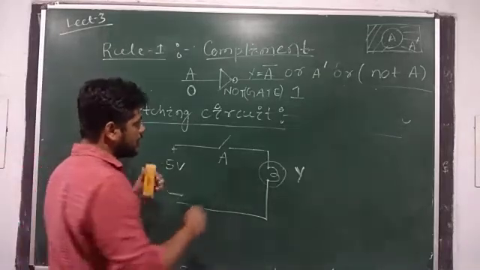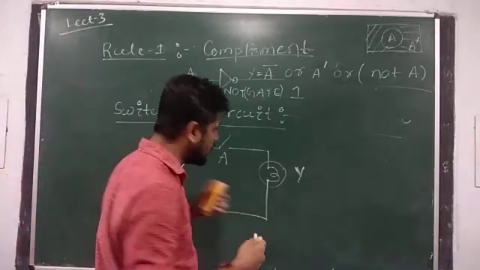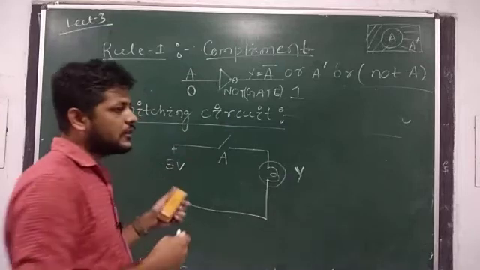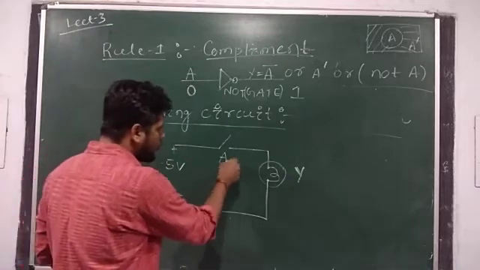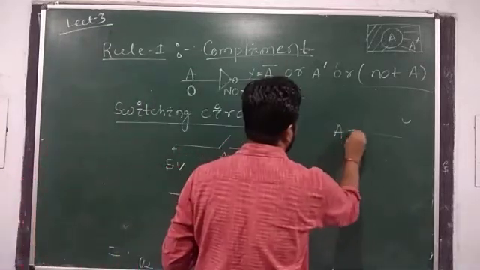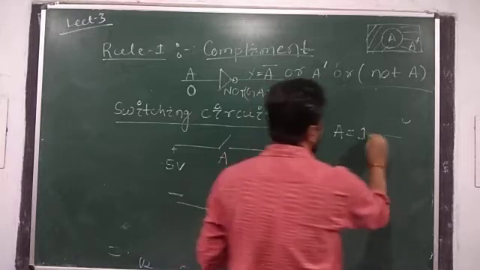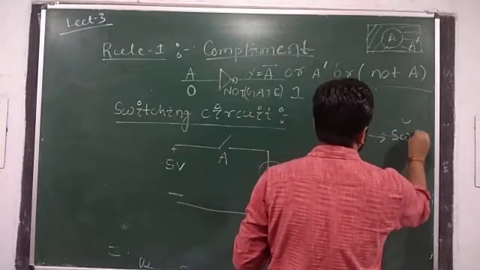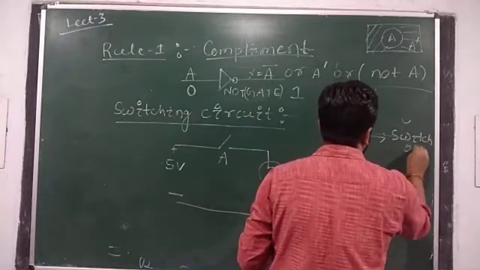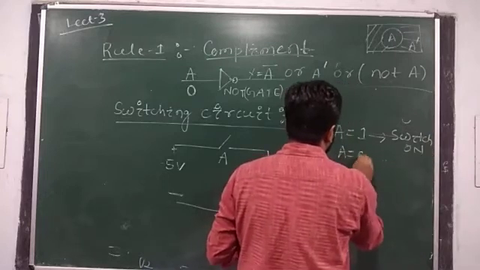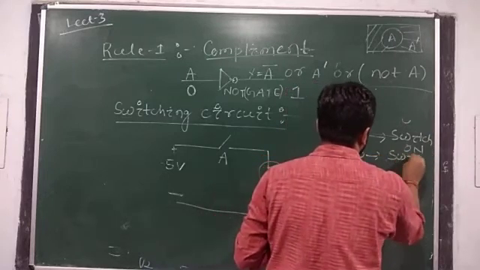This on condition is represented in digital electronics as the high condition, that is 1. If A is equal to 1, that is your switch on condition, and A is equal to 0 is your switch off.